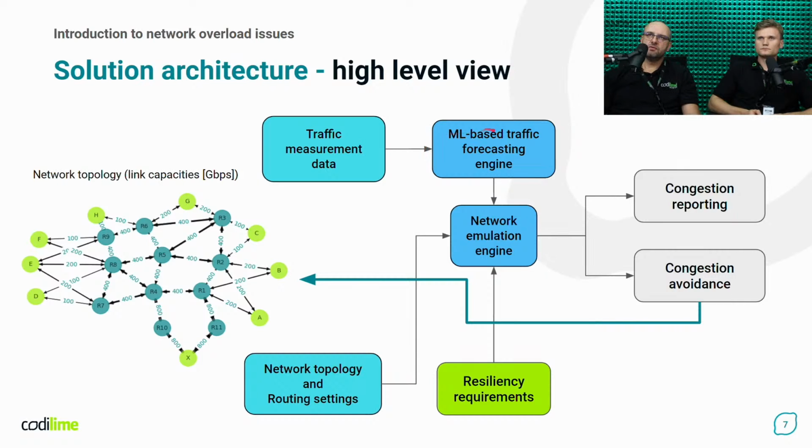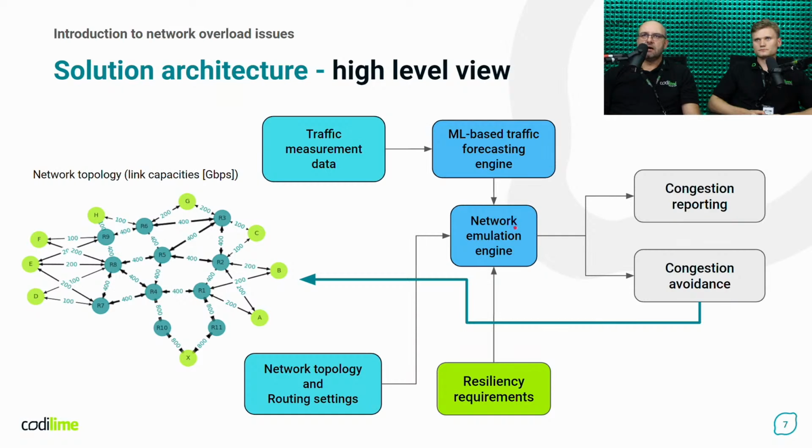But now we would like to focus on the two major components of our PoC. This is the machine learning-based traffic forecasting engine that works on traffic measurements and predicts the future traffic conditions. That is the major input to the network emulation engine, which examines how the network will behave under those future traffic conditions, assuming the resiliency requirements that we would like to meet.